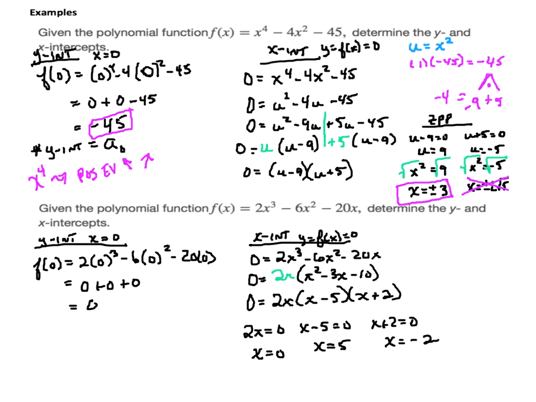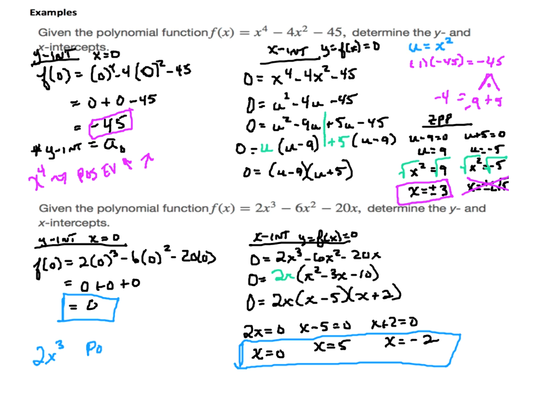It would not be a function if it had more than one y-intercept. I have a y-intercept of 0, and I have 3 x-intercepts: 0, 5, and negative 2. Just talking about the end behavior, that is determined from the leading term. So in this case, this is a positive odd, going to have the same end behavior as a positive sloped line.